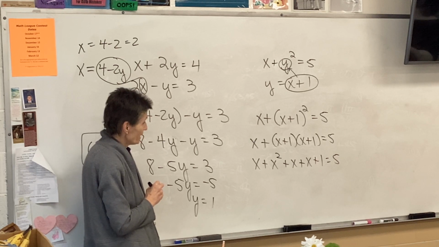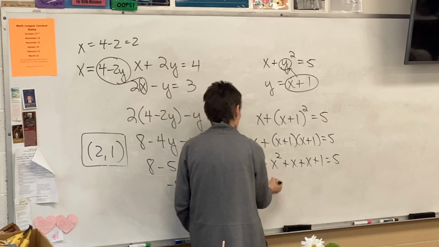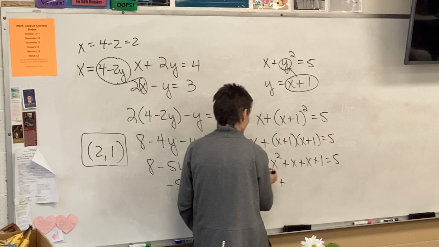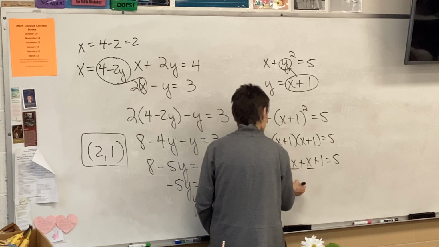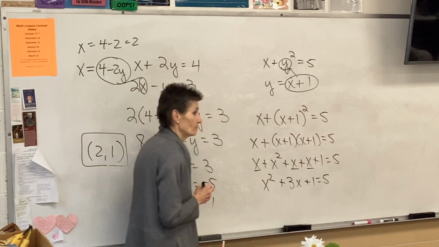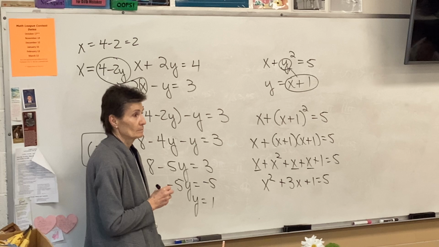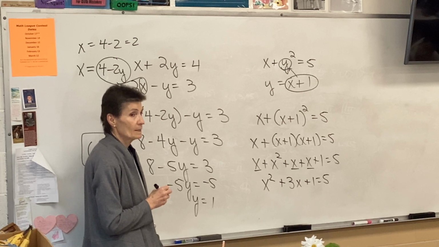Then what? That's a mess. Combine my terms, so x squared plus 1, 2, 3 x's. Now what?